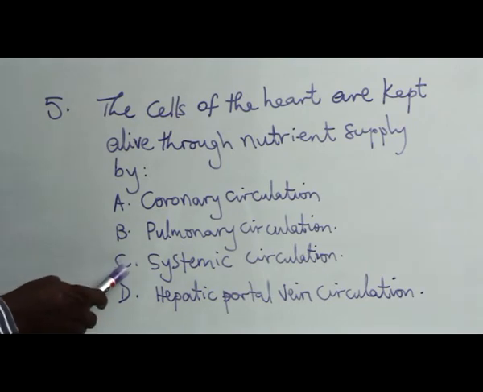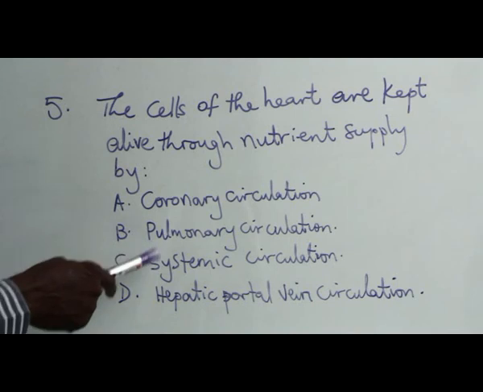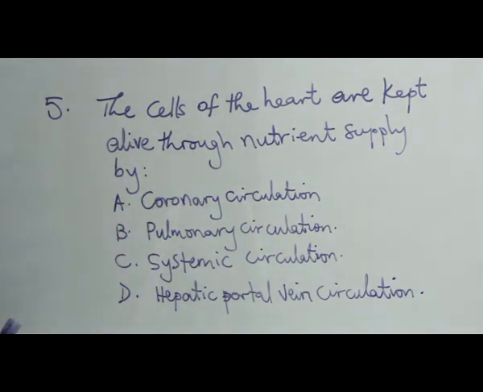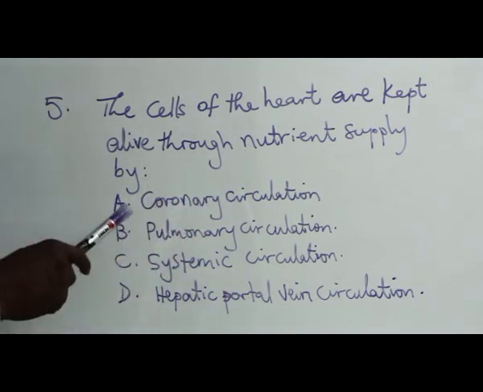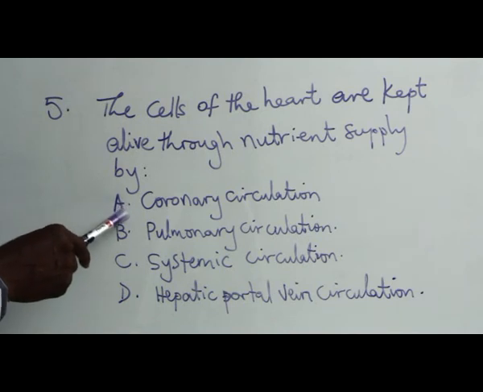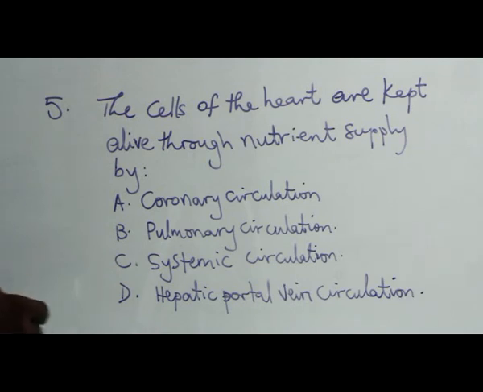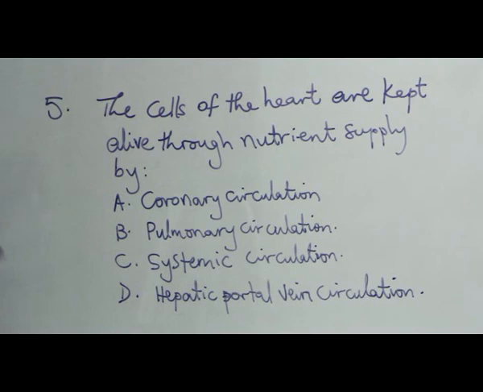Now, option C, systemic circulation. This is the circulation that goes around the whole body. Then option B, pulmonary circulation. This is the circulation between the heart and the lungs. Now, A, coronary circulation. This is the supply of blood into the heart tissues, circulating the blood around and coming back again from the tissues to the heart.